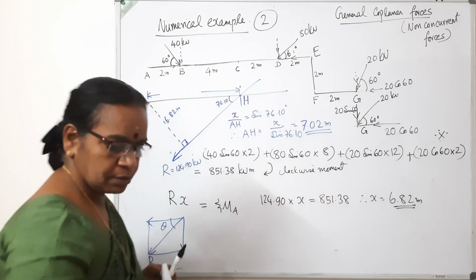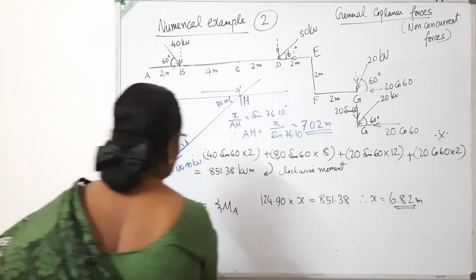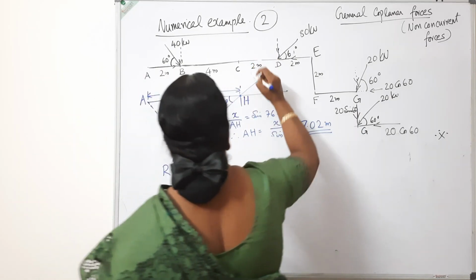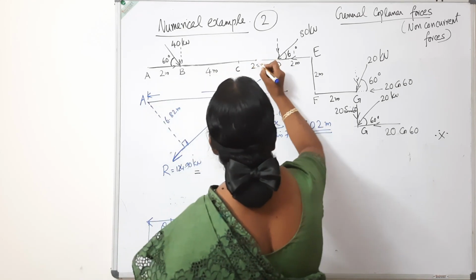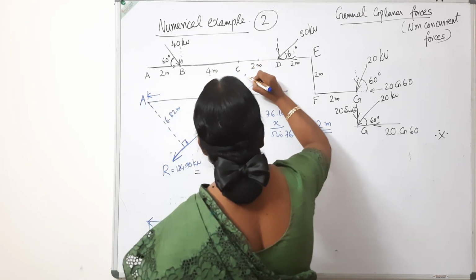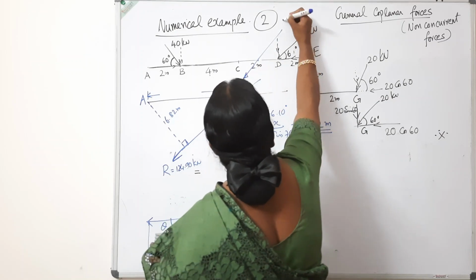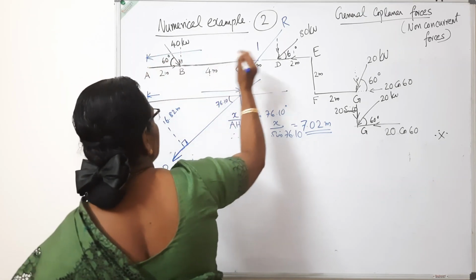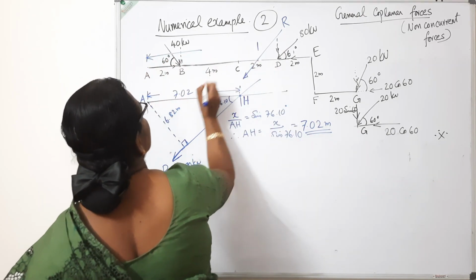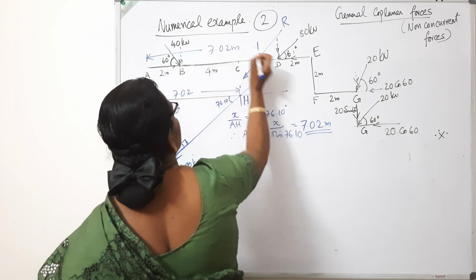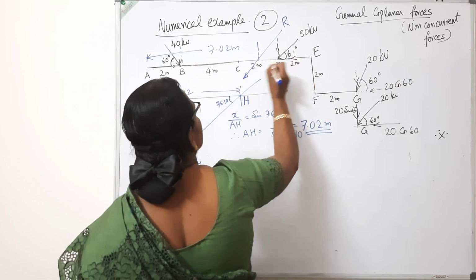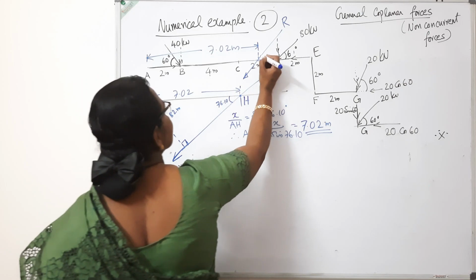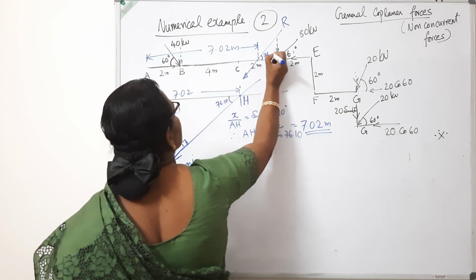So in the original figure, if I want to mark it, 2 plus 4, 6 plus 7, somewhere in 7, this is the direction. The resultant is cutting this horizontal line at 7.02 meter from A, and this angle is 76.1 degree.